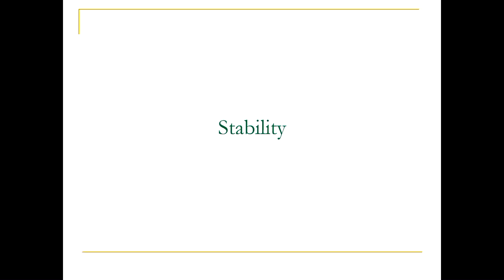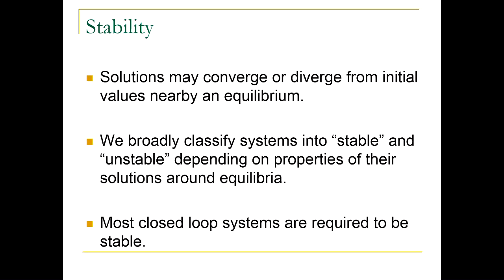Let's look at stability, right? That's another important feature of pretty much any control system you can think of. So what is stability? Well, all solutions would either converge or diverge, or maybe stay close. Maybe not diverge totally, but they stay close. If you start close, you stay close, but you don't diverge or converge.